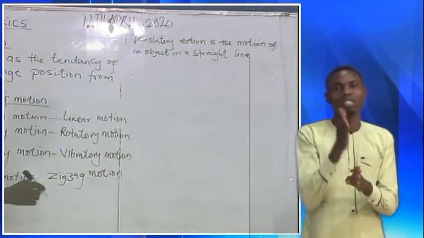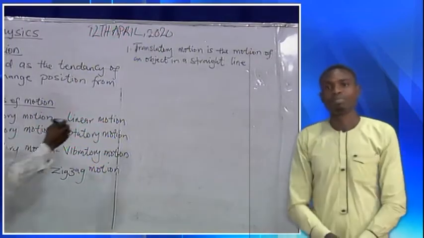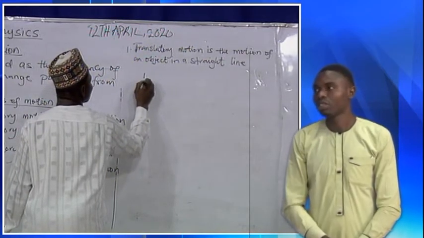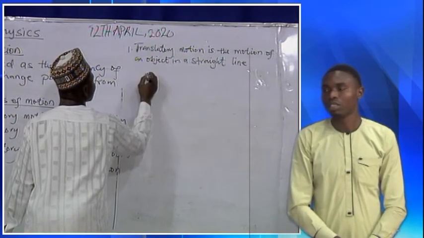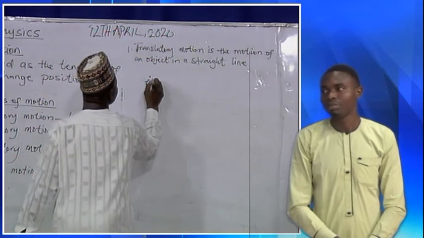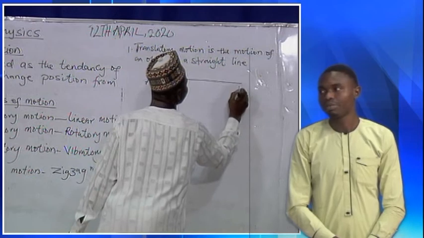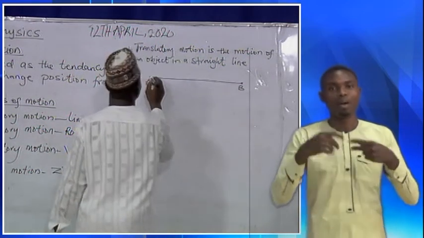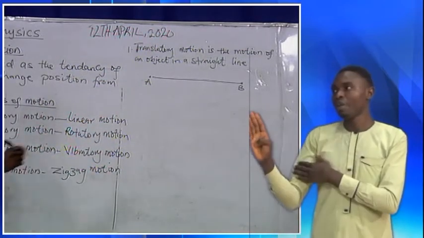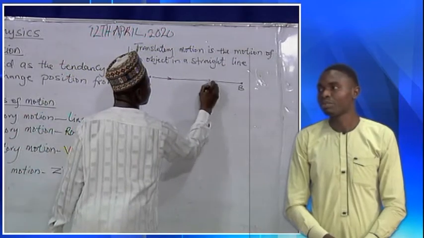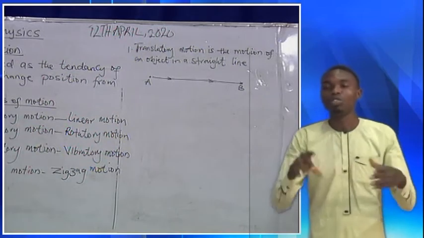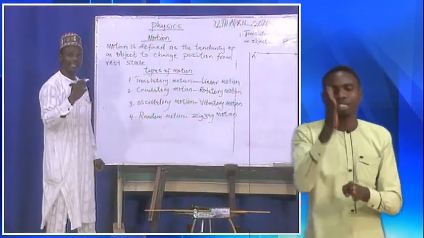For instance, a body starting from rest position, let's say this is position A, and then moving to position B, is doing what is called translatory or linear motion.